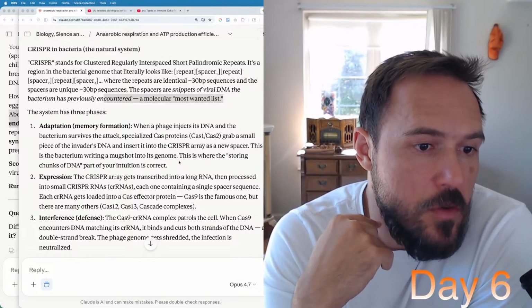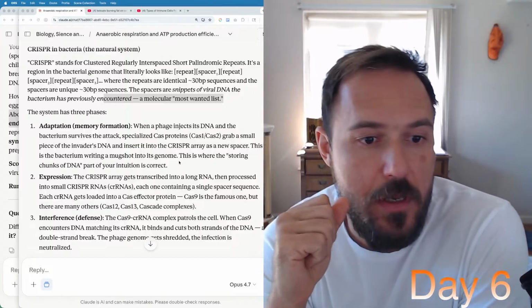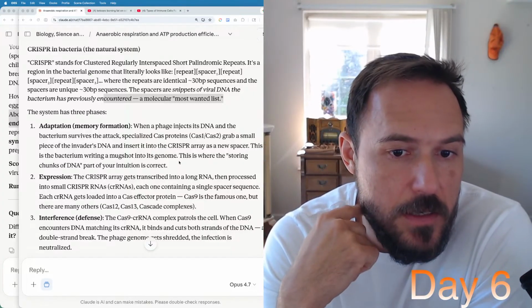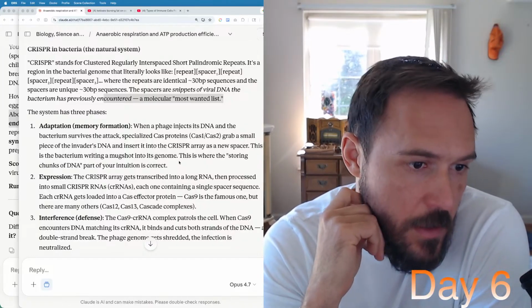This is the bacterium writing a mugshot into its genome. This is where the storing-chunk-of-DNA part of your intuition is correct.